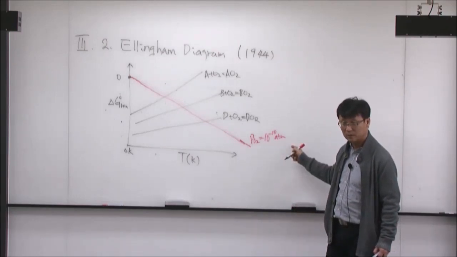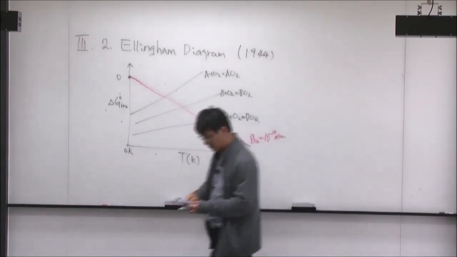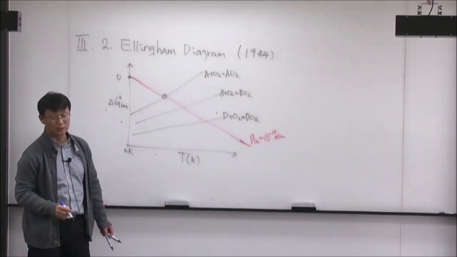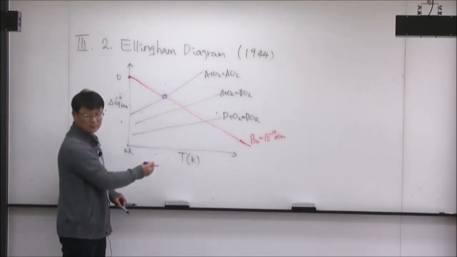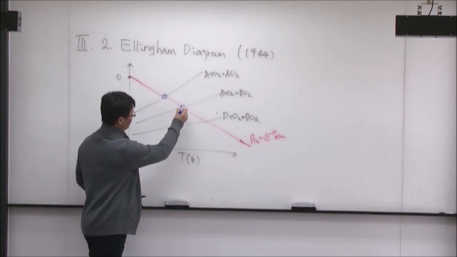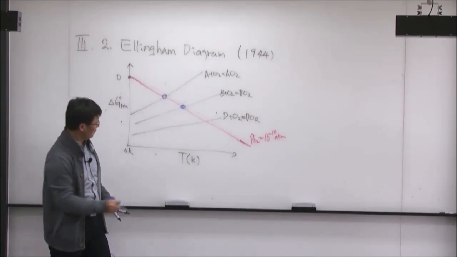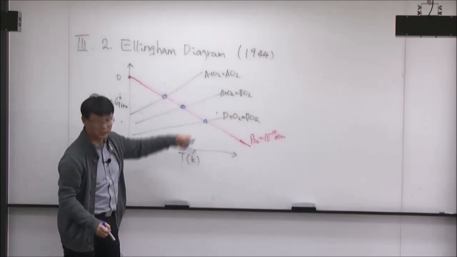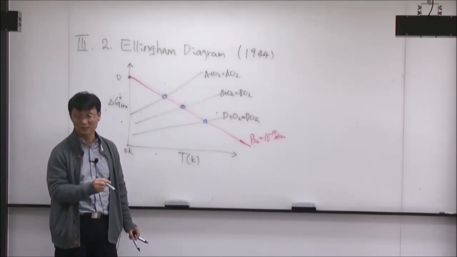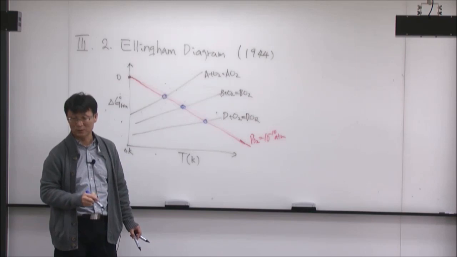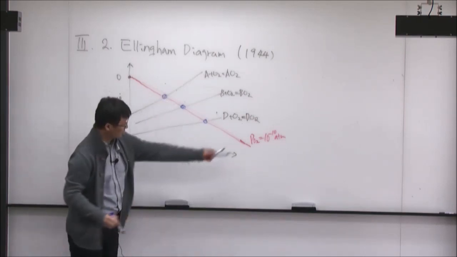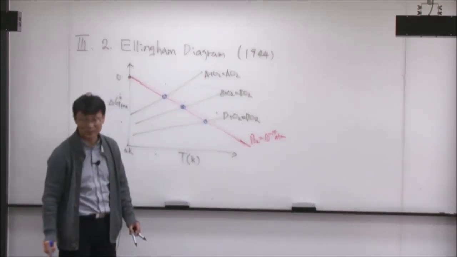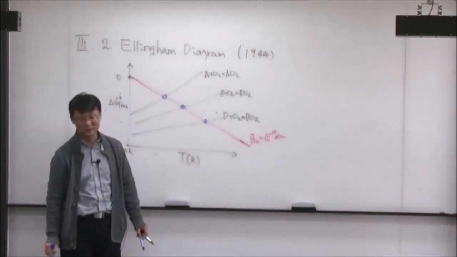What is interesting is that the chemical reaction A plus O2 becoming AO2 at this temperature, the reaction B plus O2 at this temperature, and the C plus O2 at this temperature all have exactly the same answer for the equivalent partial pressure of oxygen. For this one, 10 to the minus 10. To make this one equilibrium at this temperature, it's 10 to the minus 10. And this is also 10 to the minus 10.